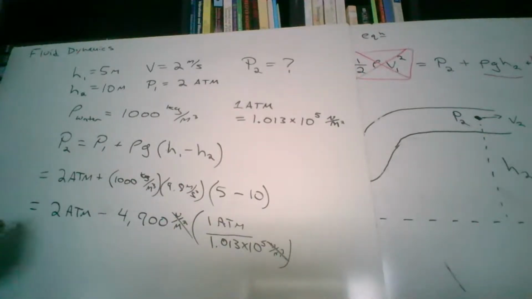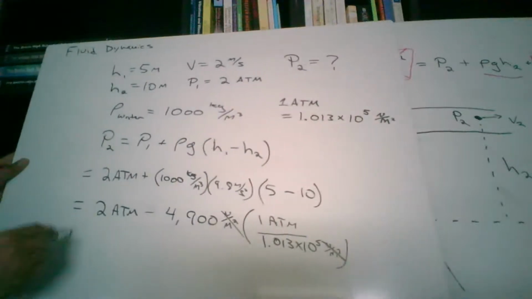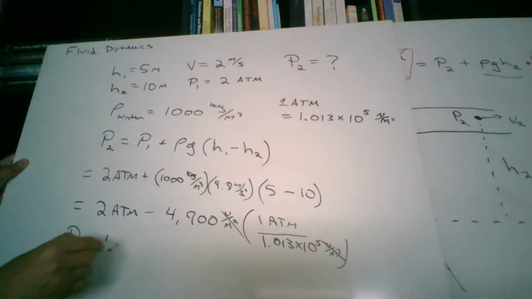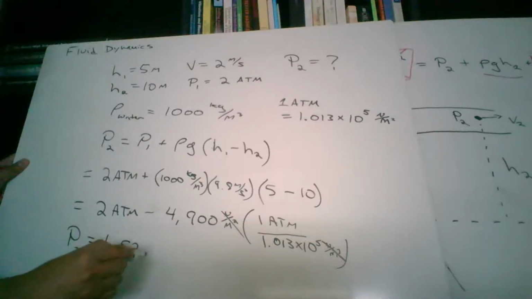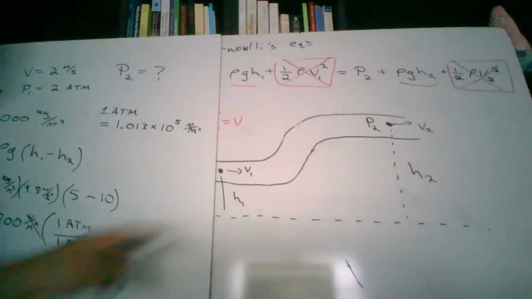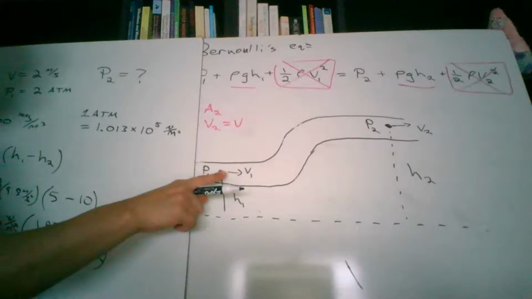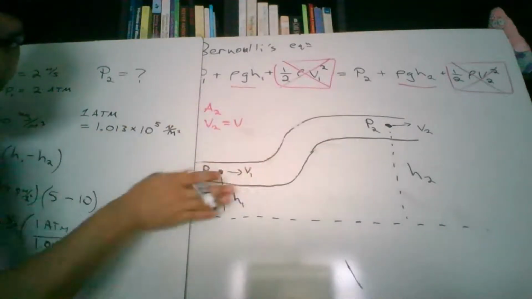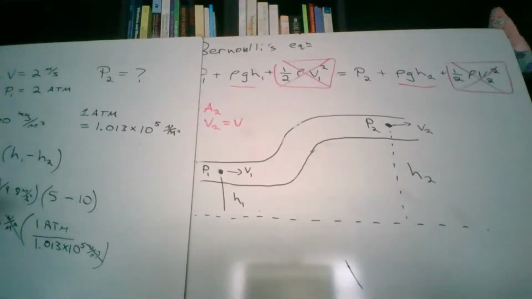You will end up with pressure 2, P2, equal to 1.52 ATM. So you went from having a pressure of 2 atmospheres to 1.52 as you went up this pipe right here.